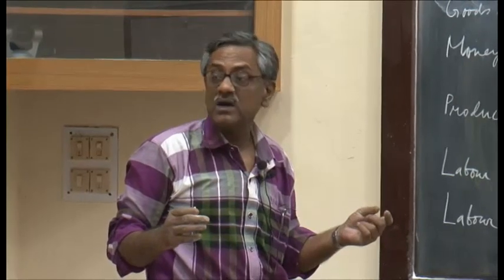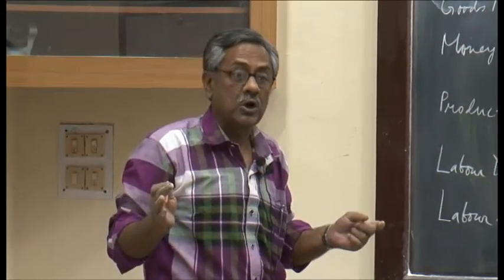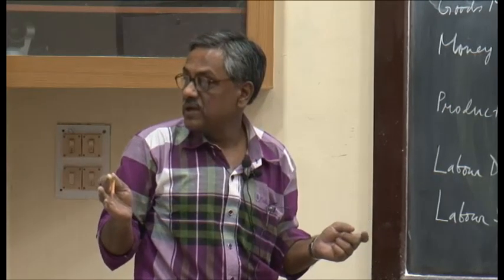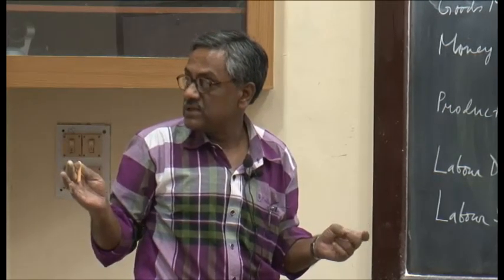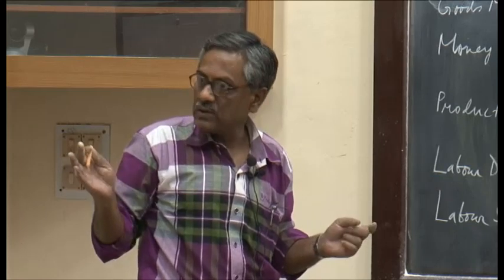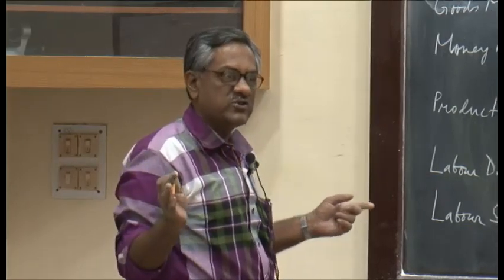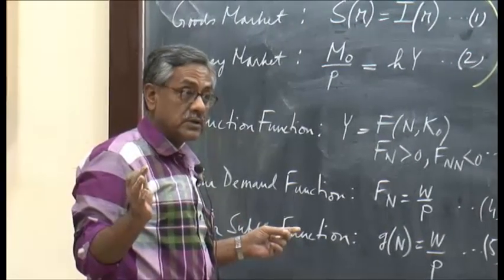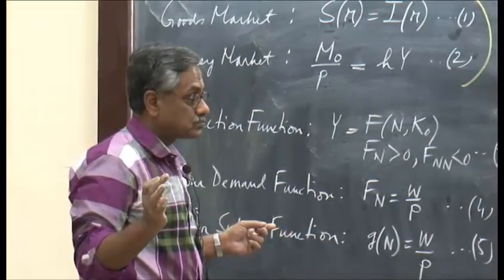Labor market is clear. It's called labor market clearing. Labor market is cleared means there is no supply, no demand for labor that remains. All are met, whatever they want, at that wage rate. It's called the full employment level of employment.